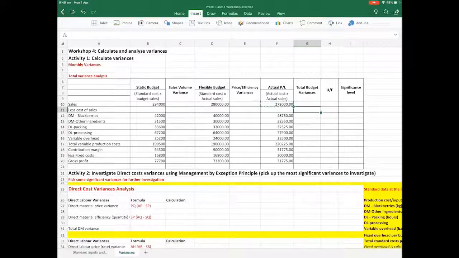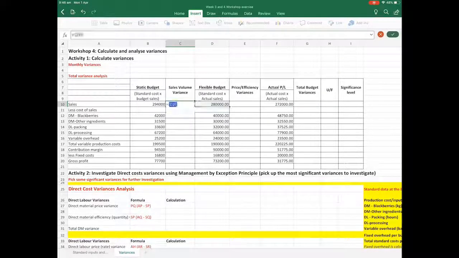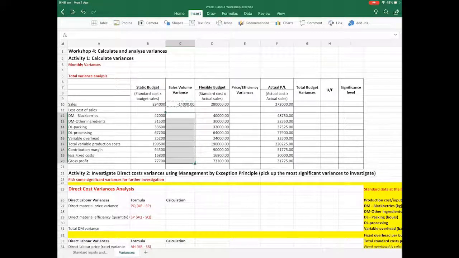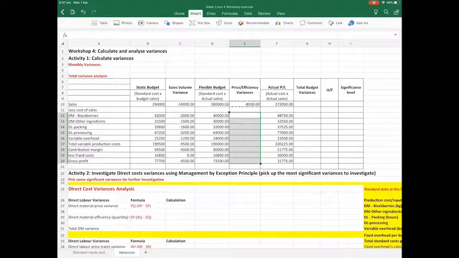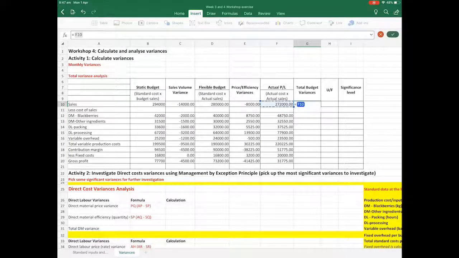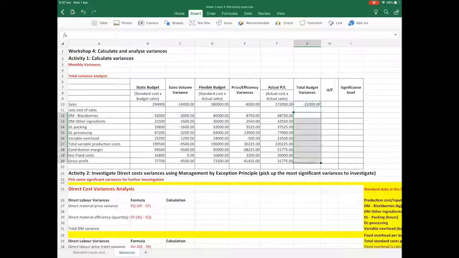After we've done this, the second step is to calculate the variance. For the sales volume variance, I take the flexible budget minus the static budget, then copy this formula and paste. For the efficiency variance, I take the actuals minus the flexible budget, copy that and paste. For the total budget variance, you take the actual minus the static budget, and again copy that and paste here.